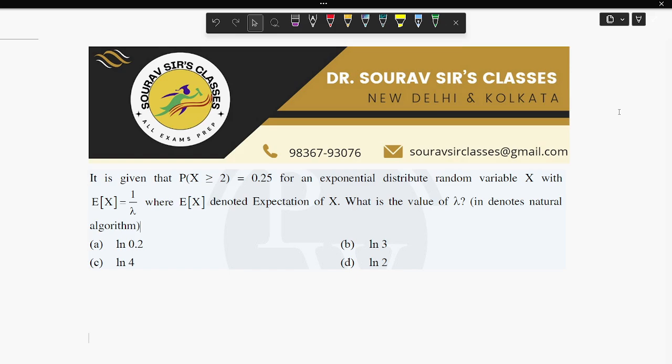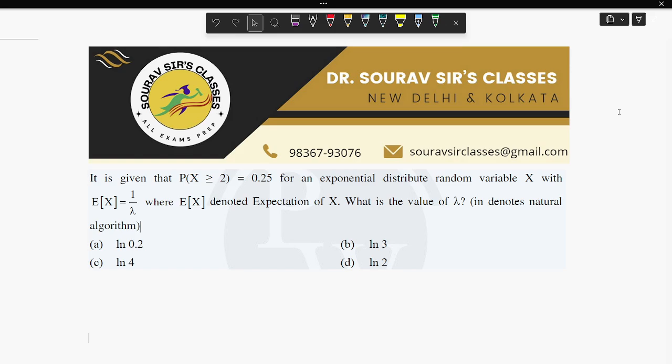Okay, so now we are going to solve a mathematical statistical question which appeared in 2025 in the GATE Data Science question paper. The question tells us that it is given that the probability of x greater than or equal to 2 is equal to 1 by 4, that means 0.25, for an exponentially distributed random variable x with expectation of x equal to 1 by lambda. What is the value of lambda, where ln denotes the natural logarithm?